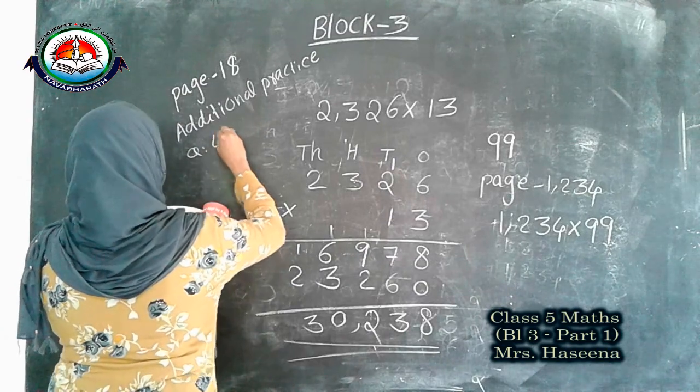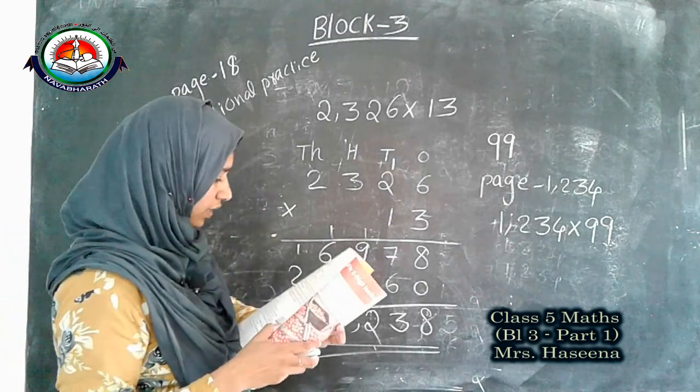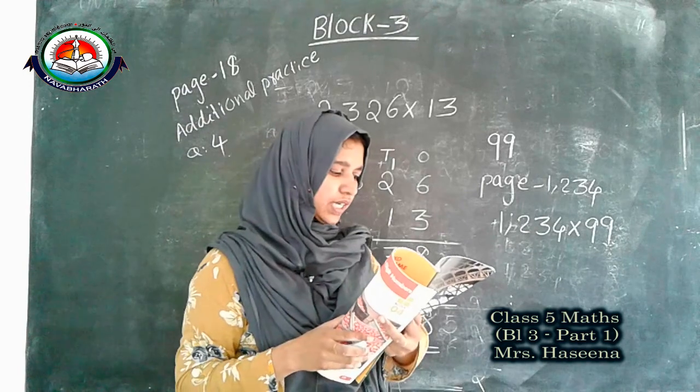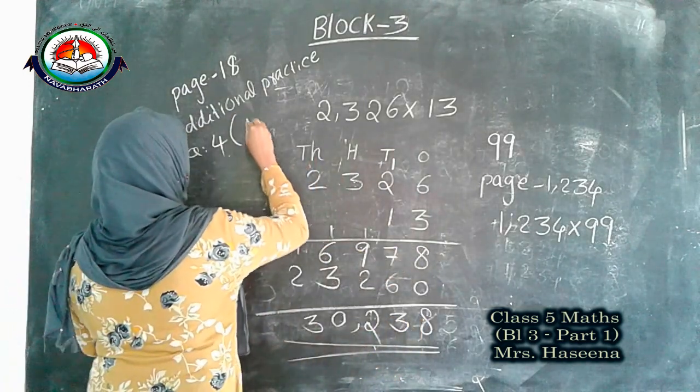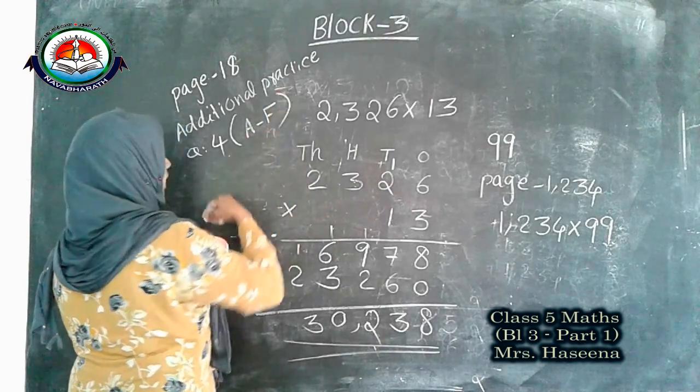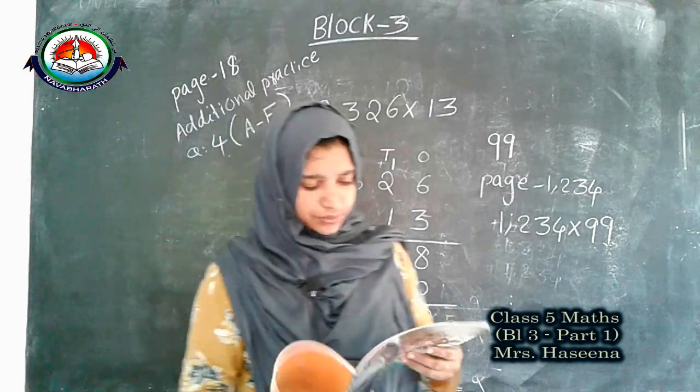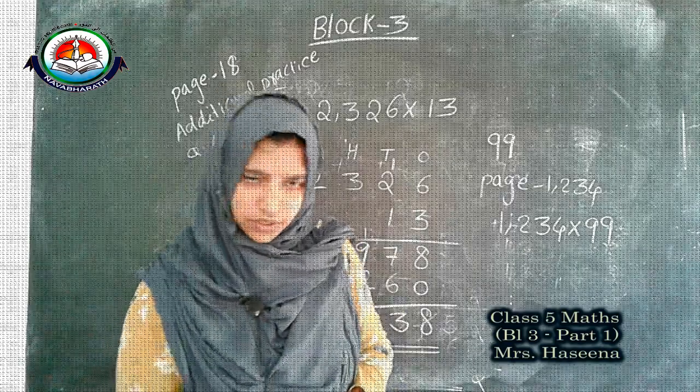Question number 4. In this question number 4, we have A to F sub-questions. That question, full, you can do. Understood, all of you? Okay, thank you.